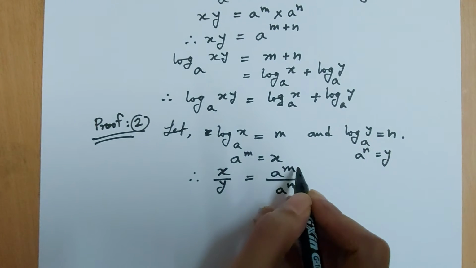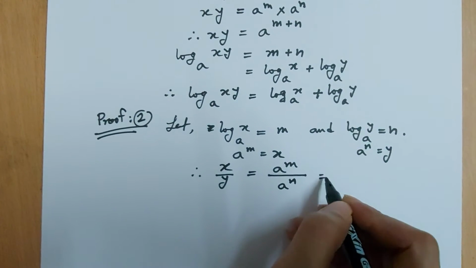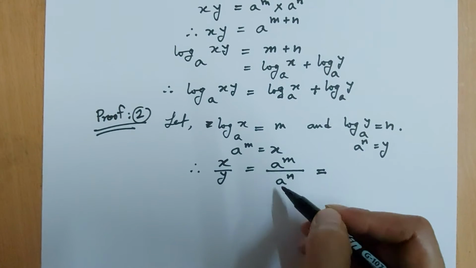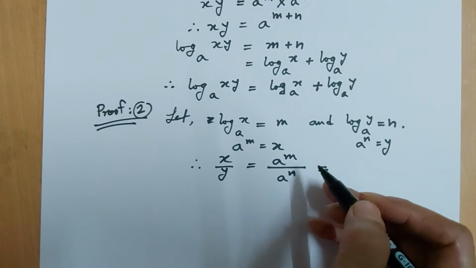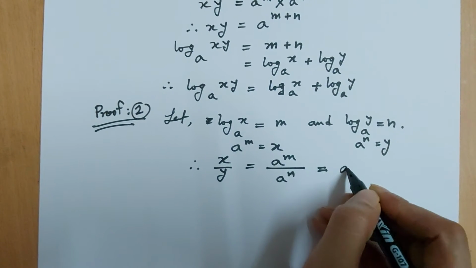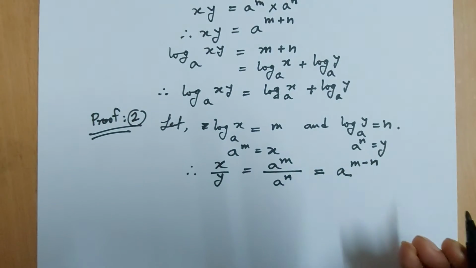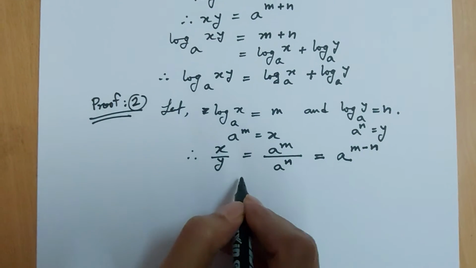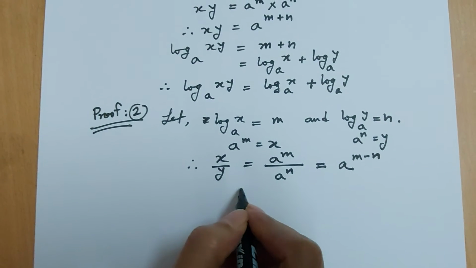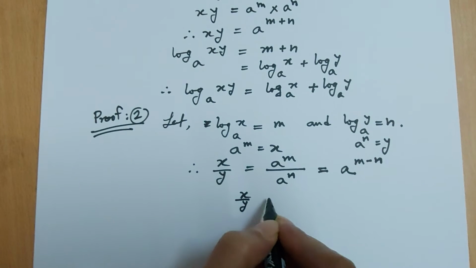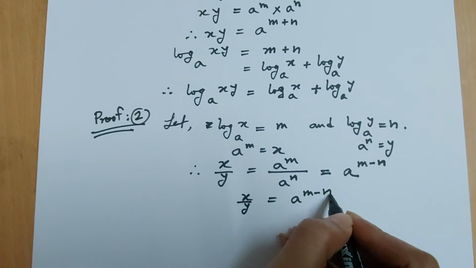So in exponential form we know if the same bases are divided, their powers should be subtracted. That means a power m minus n. So x over y equal to a power m minus n.